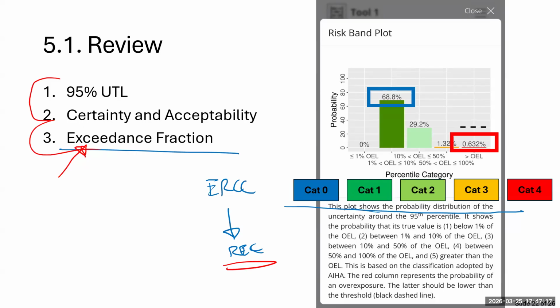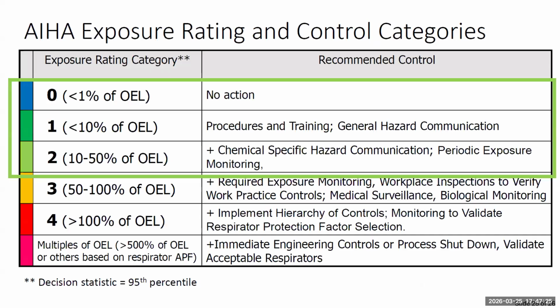Okay, yeah, thank you. So in the next session, you will provide information on how to interpret that if the category 4 is more than 5%, right? Yes, we'll talk about that.